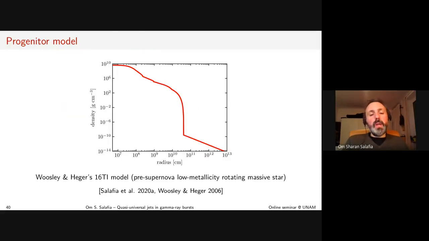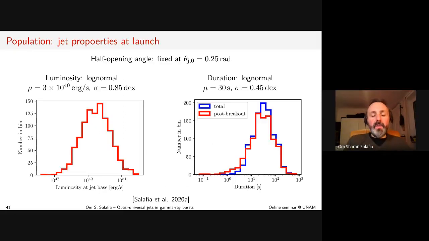And so what we try to do is to then assume some density profile of the progenitor, to take a progenitor model. And in this case, we took the usual pre-supernova low metallicity rotating massive star model from Woosley and Heger, the 16TI, which is the one most widely used as the paradigm of the progenitor of long GRBs. And then we injected our jet, so we reran our semi-analytic code on this progenitor, but we did that for a distribution of initial conditions of the jet.